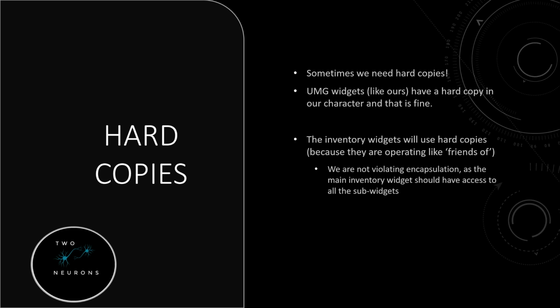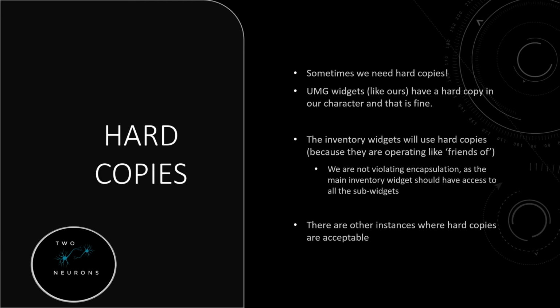We're kind of operating like a friends-of-class approach, which doesn't really exist in Blueprints, but this is the closest we'll get. So again, sometimes we do want these hard copies. Sometimes it makes sense. Sometimes they aren't violating encapsulation because it's like with like still. And there are other instances where hard copies are acceptable. This isn't the end-all be-all list of when hard copies are needed. I am just relating it to what we are doing in this series.